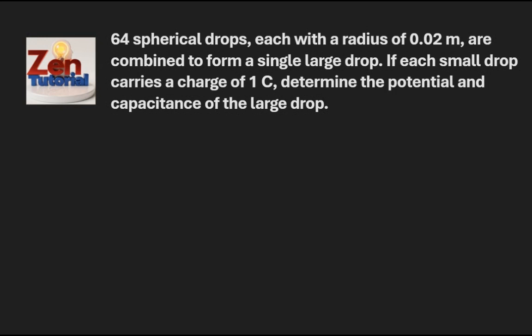In this problem, 64 spherical drops, let's say here is 64. Each of the drops has the same radius, so the radius is 0.02 meter. So this is smaller r equal to this much.